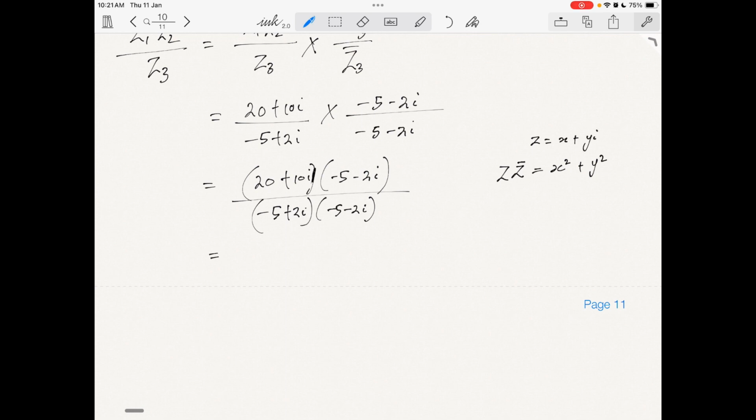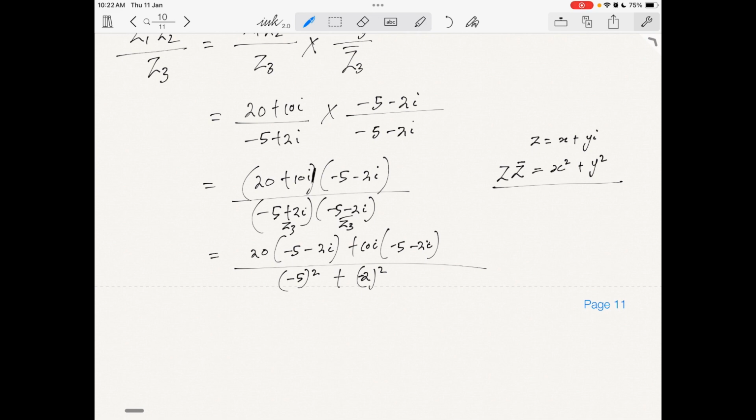Now we can apply it: the numerator we multiply out, that's 20 into minus 5 minus 2i plus 10i into minus 5 minus 2i, divided by, since this is z3 and this is z3 bar, we can easily apply this rule. Z3 multiplied by z3 bar will be the sum of the squares of the real part, that's minus 5 squared, plus the imaginary part, which is 2 squared.